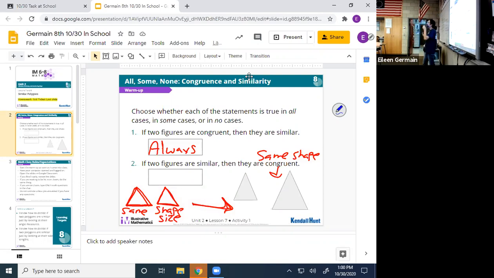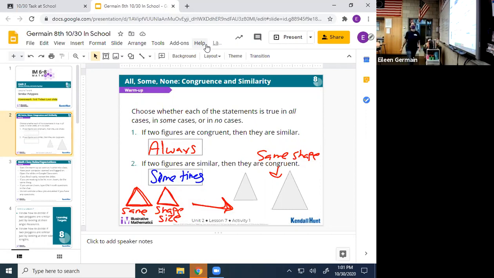Yes. So for this one, we would say sometimes, because sometimes we have shapes that are congruent. Annie, perfect. Sometimes we have shapes that are similar that are congruent, but not all the time.